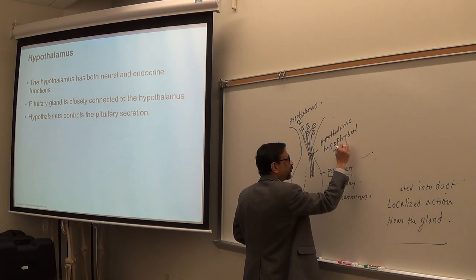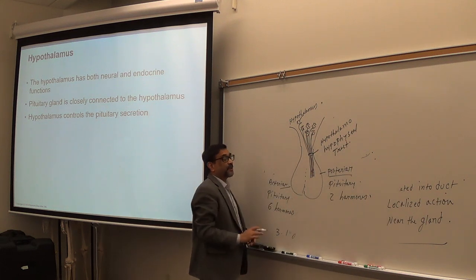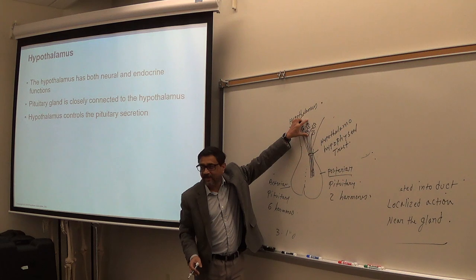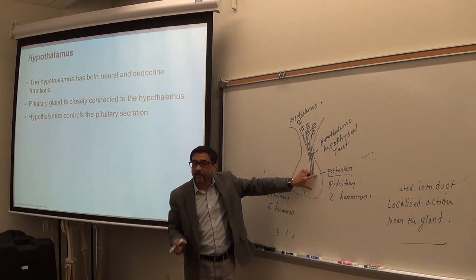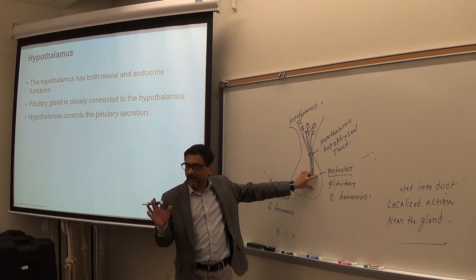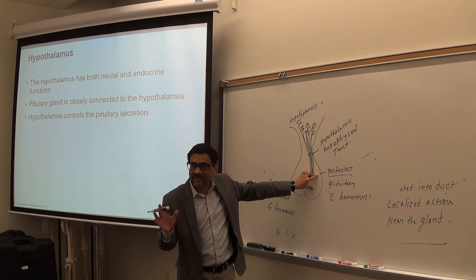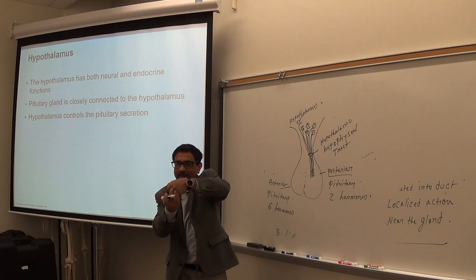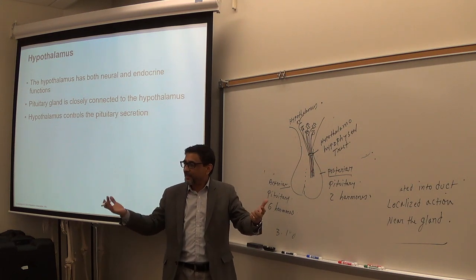Tract is the bundle of fibers, you know that. So this name is long, but it is easy. This is hypothalamus, right? And another name of pituitary is what? You know that. Hypophysis. Remember hypophyseal fossa? Pituitary sits there, right? So hypophysis is pituitary.